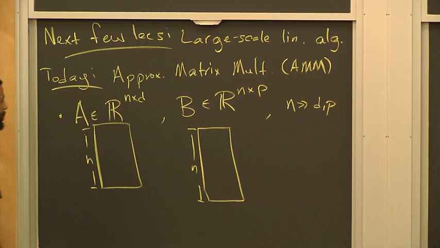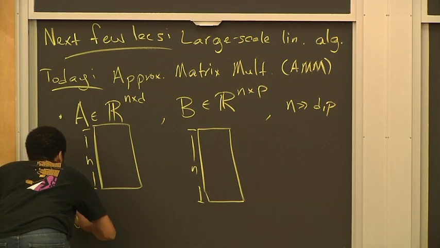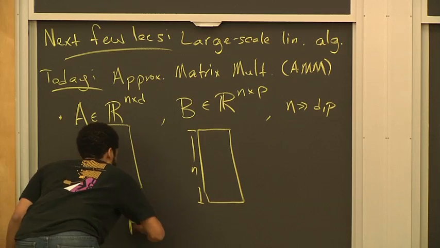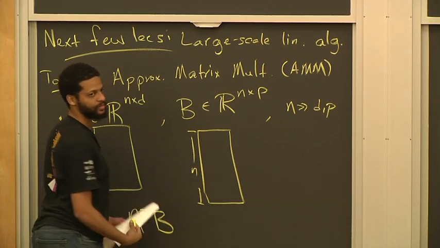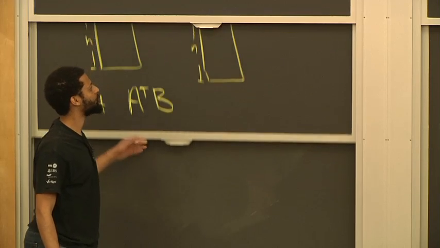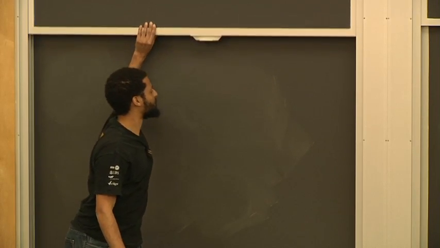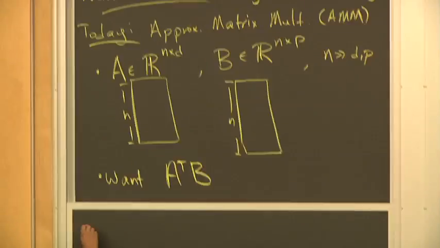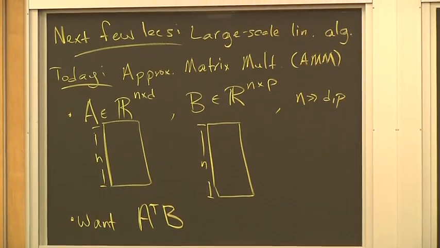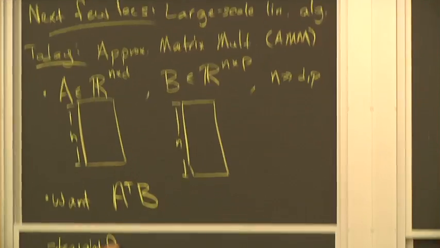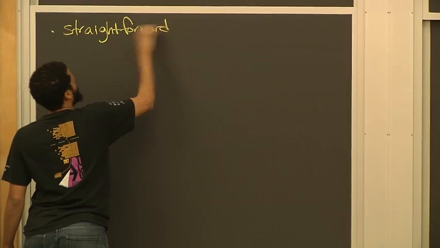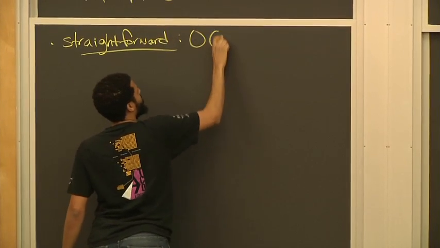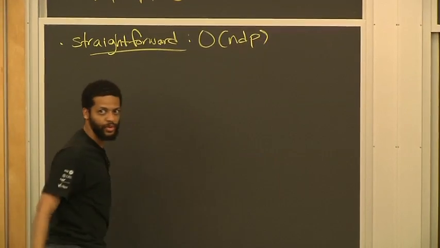And what we want to do is compute the matrix product A transpose B. So the straightforward algorithm takes time something like O of n d p, just 3 loops, right?